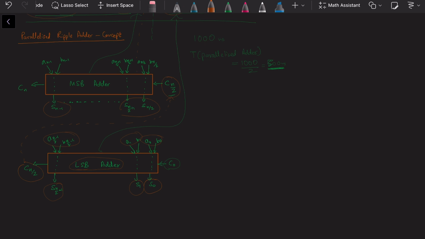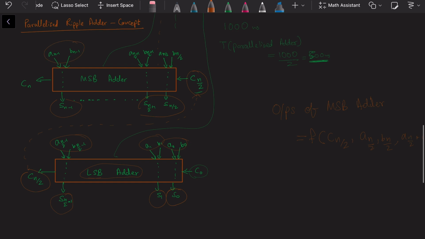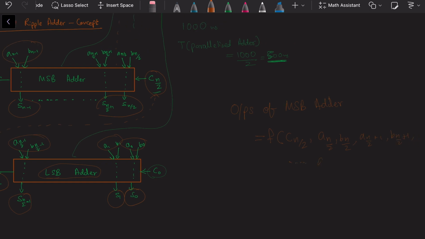We could say that the outputs of the MSB adder are a function of Cn/2, not A0, it's actually A(n/2), B(n/2), A(n/2+1), B(n/2+1), and all the way to A(n-1), B(n-1), right?